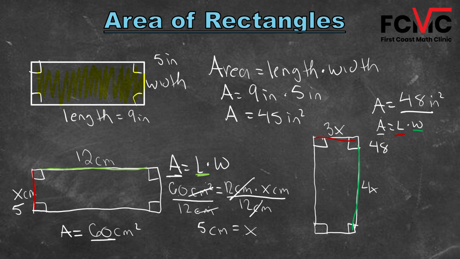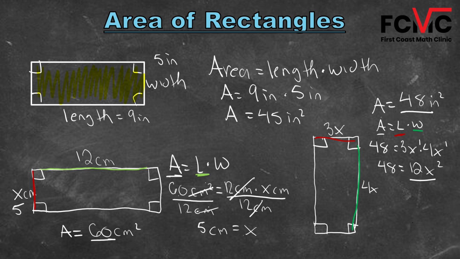And let's just go over how we're going to deal with multiplying the 3x and the 4x. So we've got 3x times 4x. 48 equals 12. Now we're multiplying x times x. Remember our powers here are x to the first times x to the first. So this is going to give us x to the second. If we multiply the bases, we have to add the exponents.